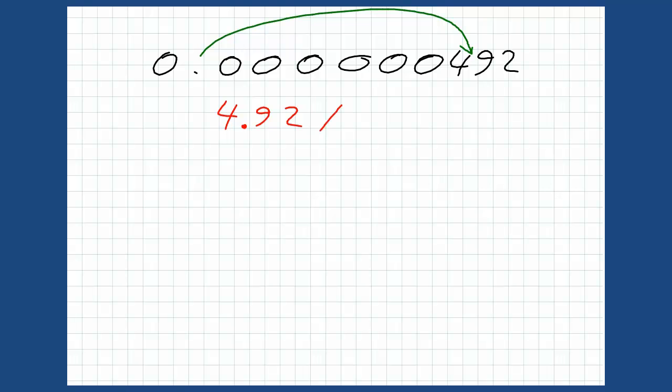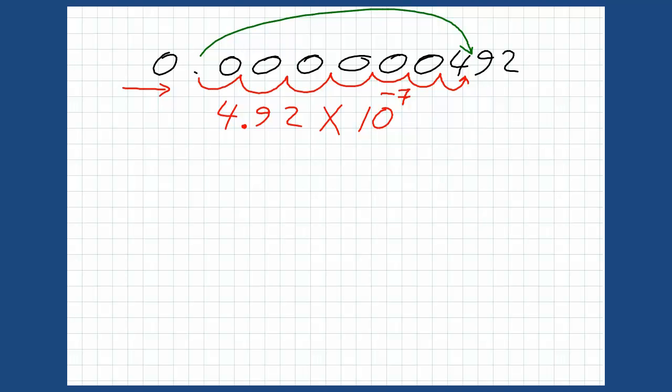Then multiply this by 10 to the power of the number of movements you moved the decimal. But because we came from the left, we will put a minus here, and then we will count how many movements we moved this decimal. 1, 2, 3, 4, 5, 6, 7 movements. So it is 10 to the power negative 7. This is the way to write any number in scientific notation.